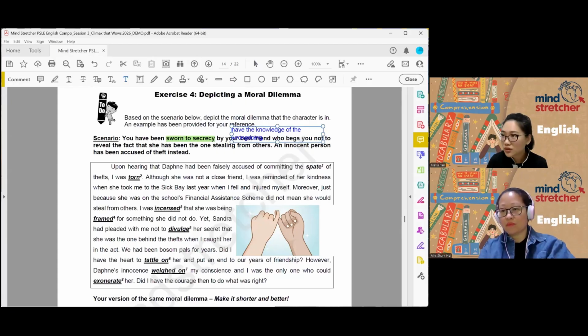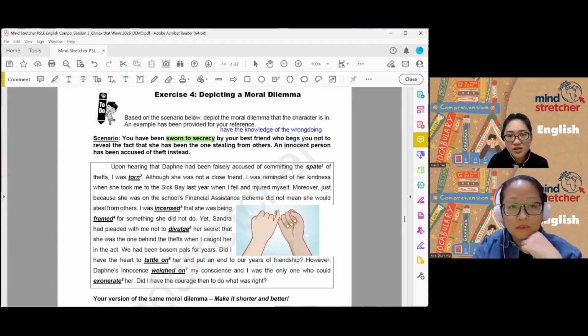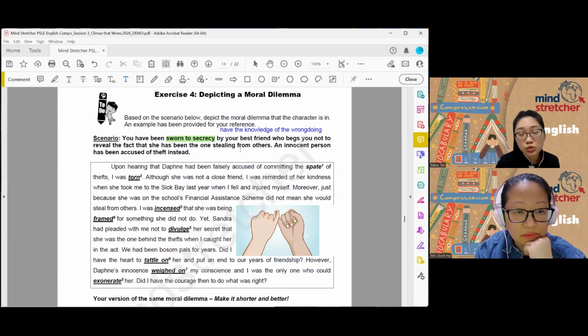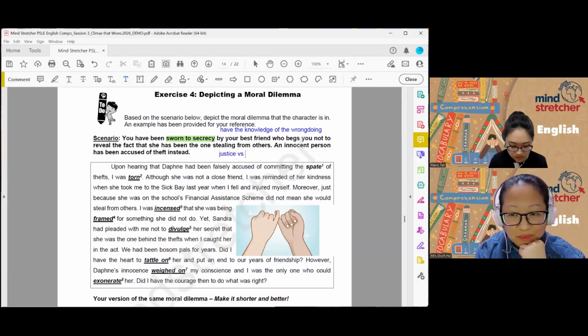Okay, give me a moment. So now the situation is this. It's not that you don't know, because if you don't know, no one can fault you. But now you know. So do you fight for justice? Fight for this innocent person's justice, this scapegoat, okay? Or are you going to choose loyalty?